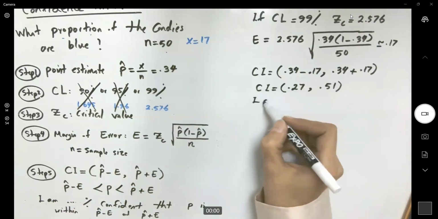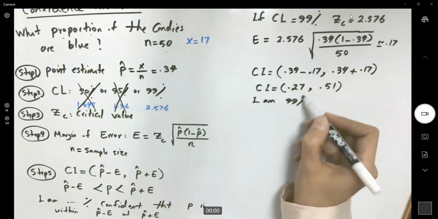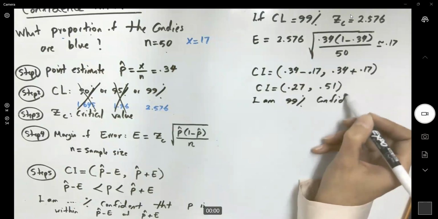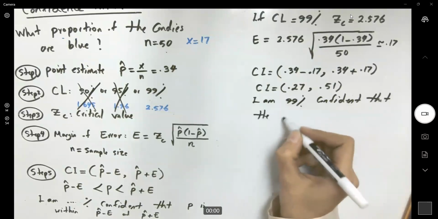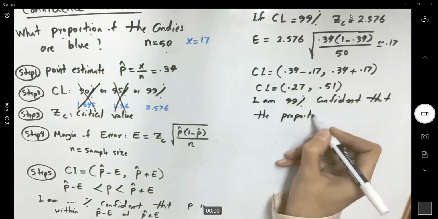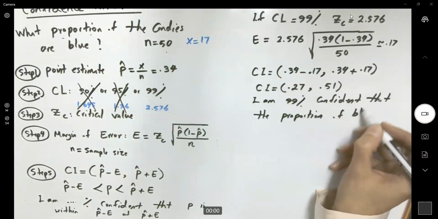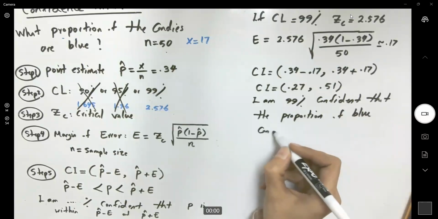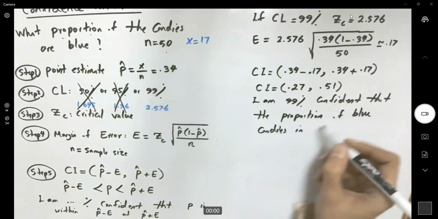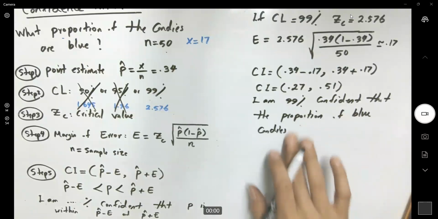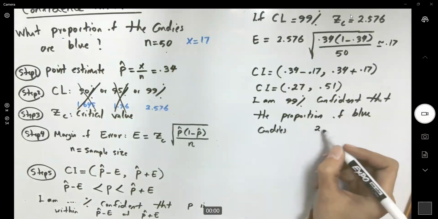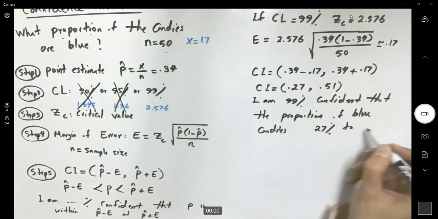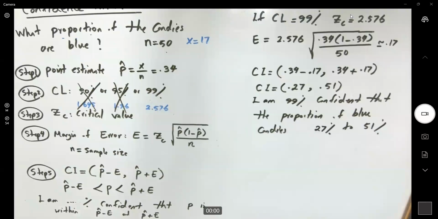It means that I am 99% confident that the proportion of blue candies in the jar is in between 17% to 51%.